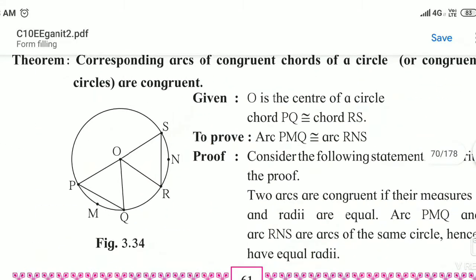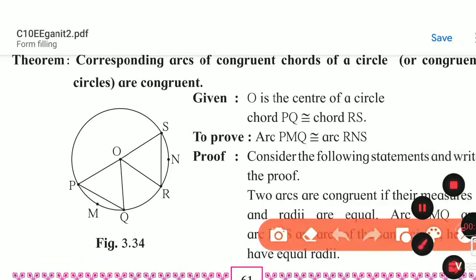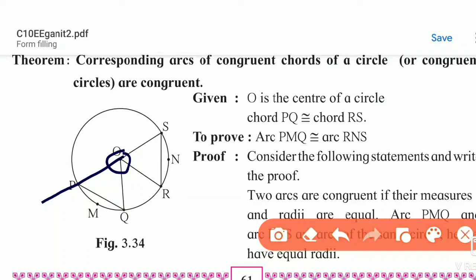In this figure the center of the circle is O, and it is also the vertex of this angle POQ. Here also, for angle ROS, O is the center. So if it is a vertex and also the center of the circle, then this angle is called a central angle.